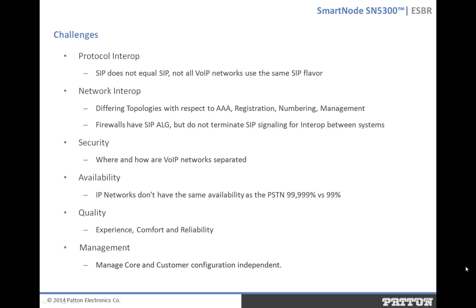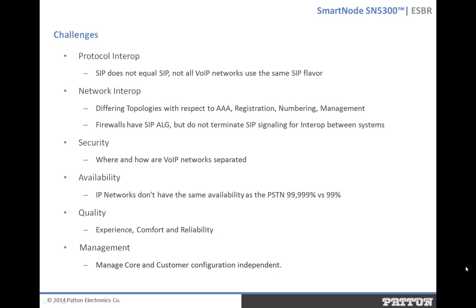Network interop: many of you may also face issues when firewalls are trying to do this job on the customer premise, protecting the customer's network from the outside world. Usually firewalls have SIP ALGs to control and manage the VoIP traffic.